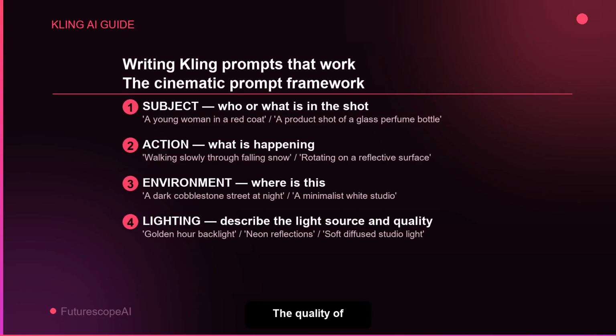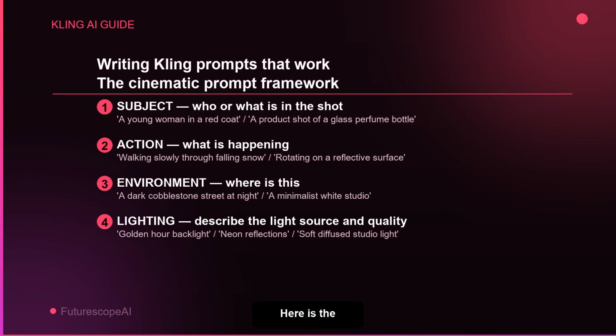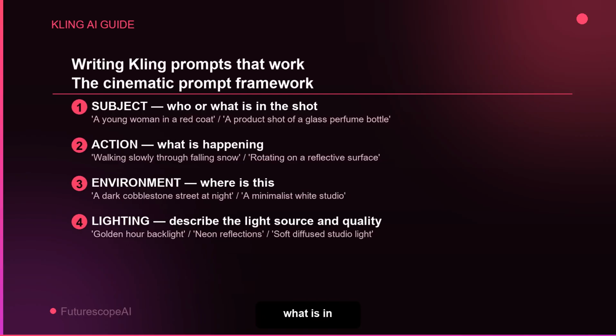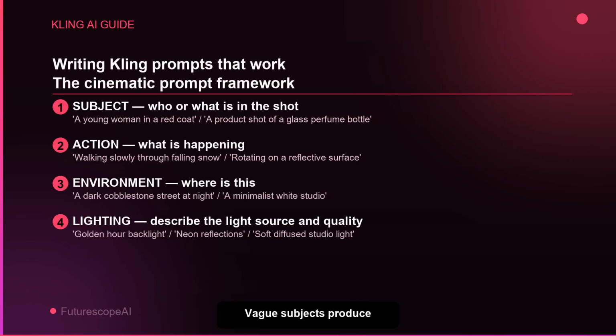The quality of your Kling output depends almost entirely on your prompt. Here is the framework. Subject: describe exactly who or what is in the shot with specific visual detail. Vague subjects produce vague videos. Action: describe what is happening, the movement, the gesture, the transformation. Environment: place the scene. Interior or exterior, specific location, time of day, weather. Lighting: this is often the most overlooked element.